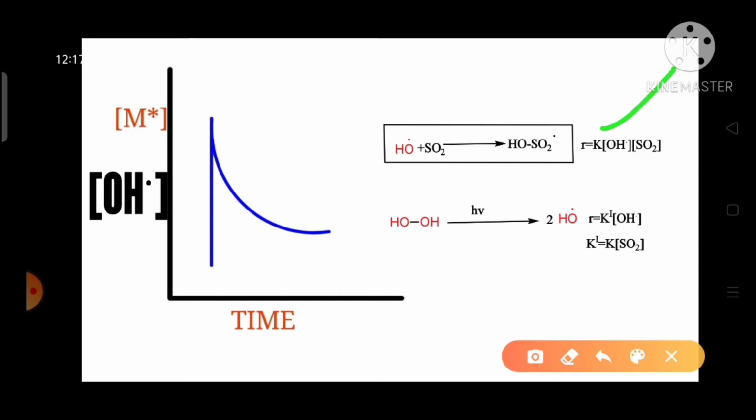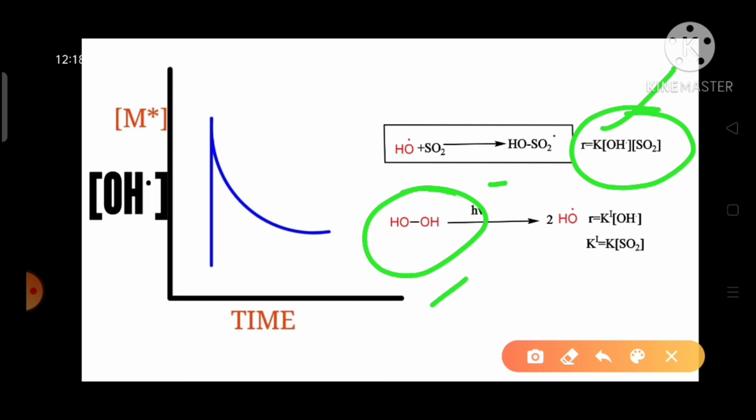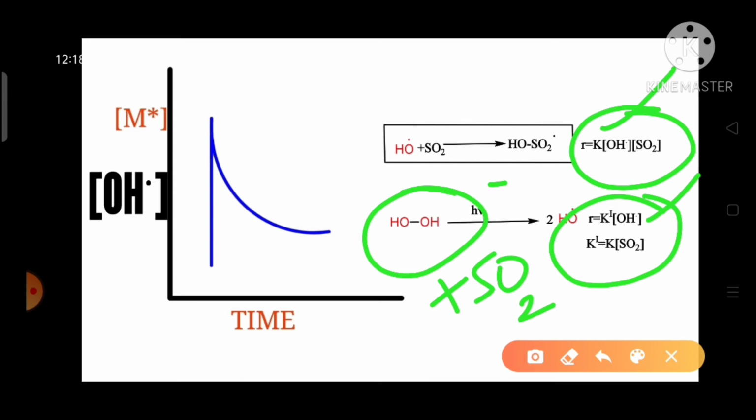The rate depends on the concentration of the hydroxyl radical and the sulfur dioxide molecules. In the lab we take hydrogen peroxide and mix it with sulfur dioxide, but we make it a first order reaction by taking sulfur dioxide in large amounts, so it becomes a pseudo first order reaction.